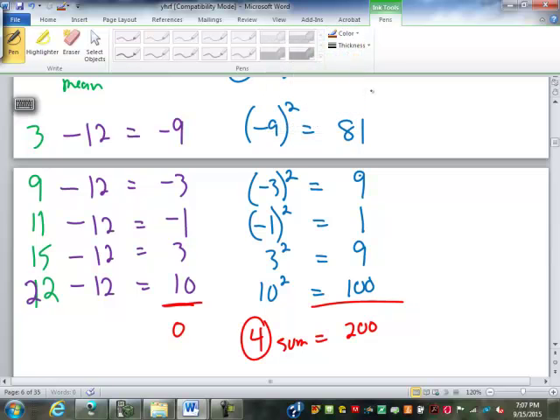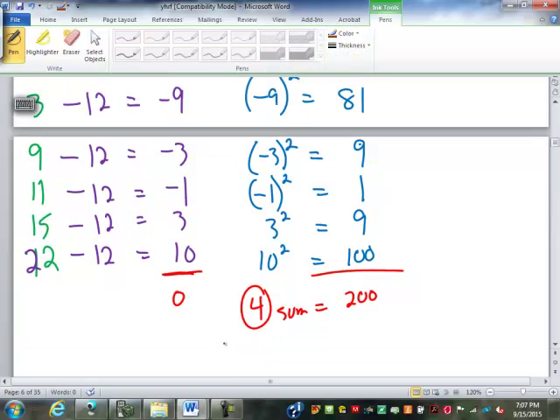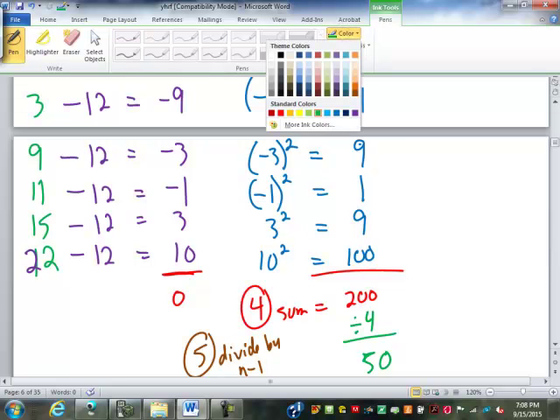Step 5. Perfect. Divide by n minus 1. What's n for this set? 5. So that means I'm going to divide by 4. 1 less than n. So 200 divided by 4 is 50. Now again, if we were looking for the variance, that would be the variance.